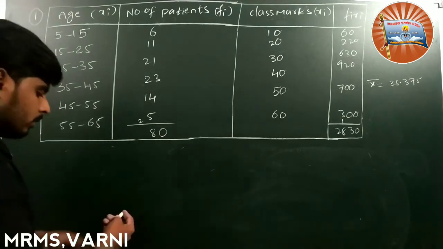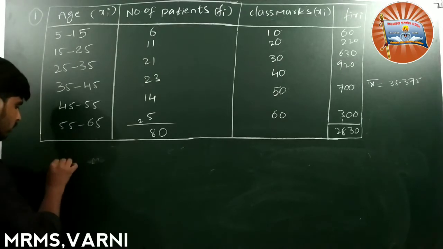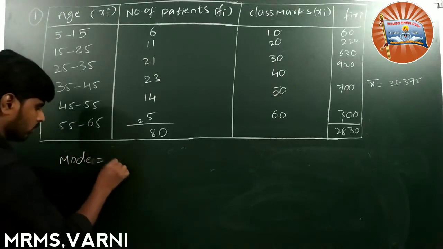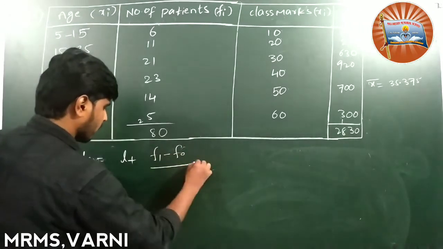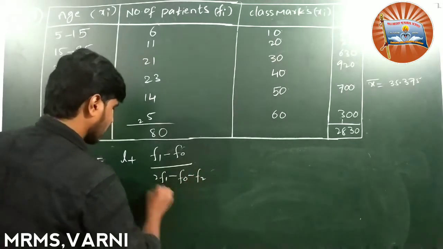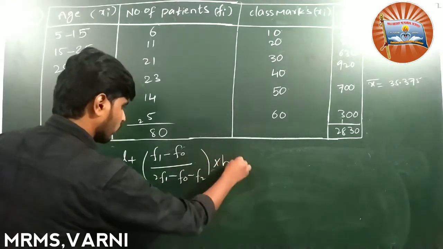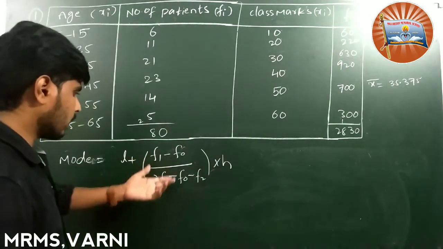What is the formula for mode? So mode is nothing but L plus (F1 minus F0) by (2F1 minus F0 minus F2) into H. So already we have seen the formula. So what are the terms here?